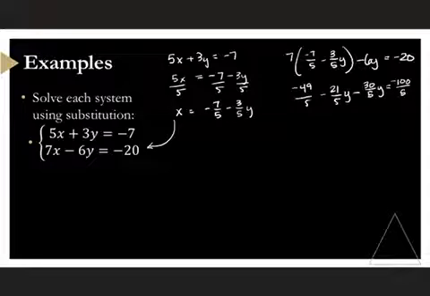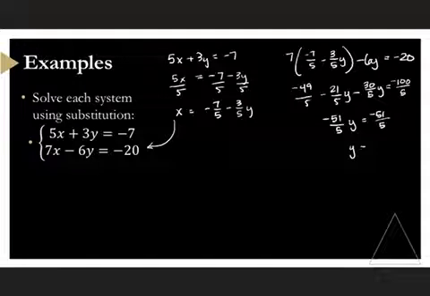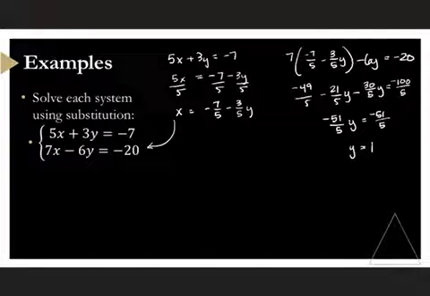Okay. Add 49 fifths to each side. So negative 21 fifths minus 30 fifths is going to be negative 51 fifths times y equals, add 49 fifths to each side, negative 51 fifths. So if I divide by that, then y is 1. So the substitution process was messy, but our answer is actually pretty straightforward.